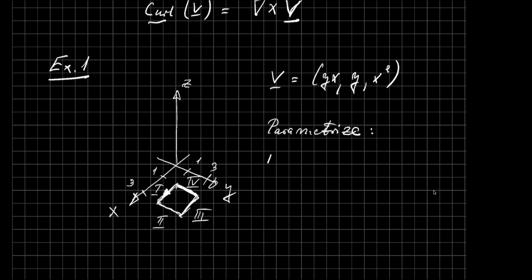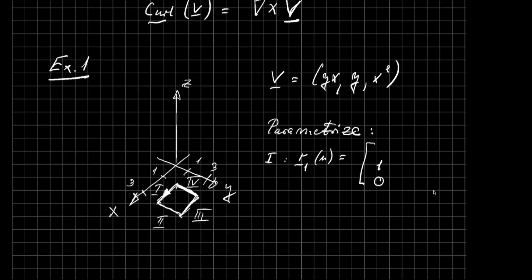If you have 1, then the parametric representation is a function of the variable u, and you can see only x changes along this boundary. We are in the xy plane, so z will be 0 and y will be equal to 1.